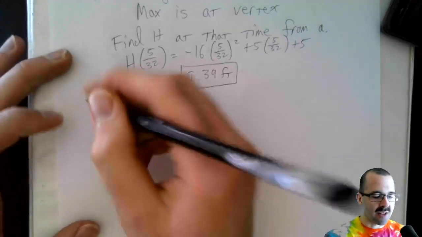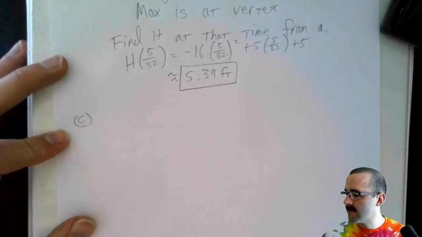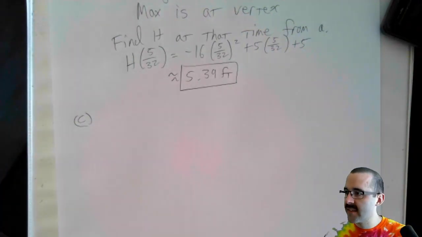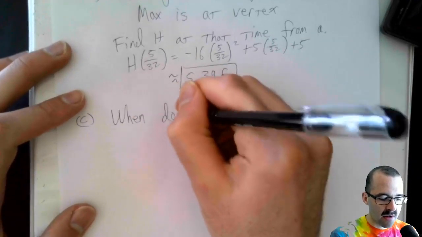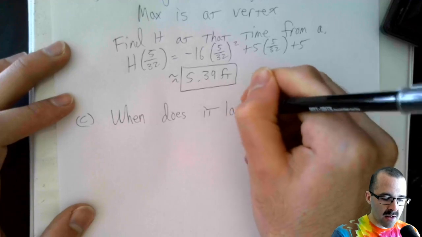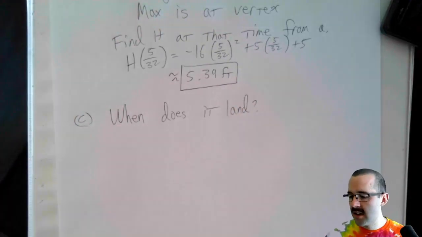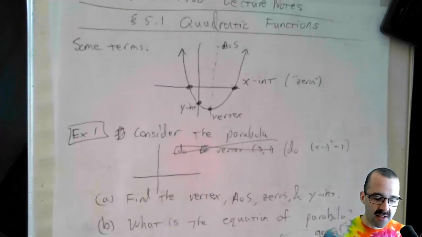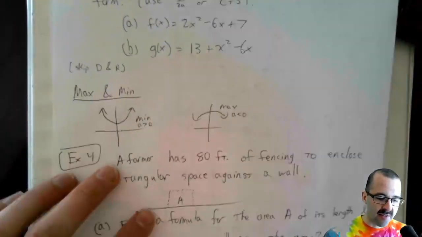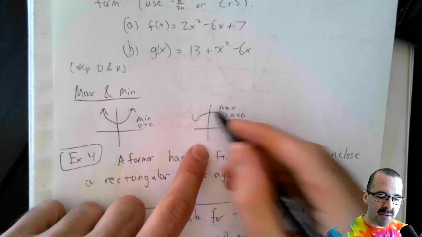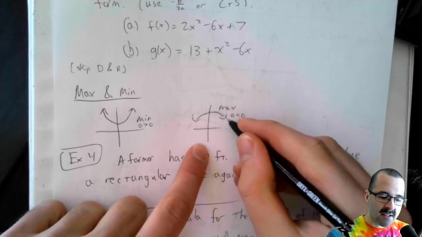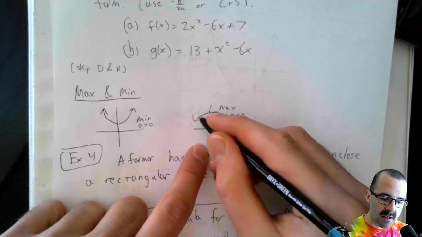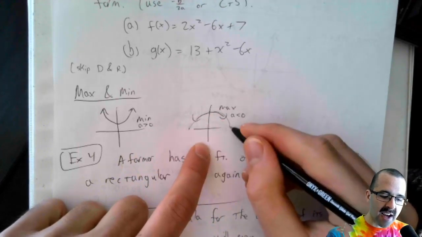Last thing we do before the quiz. Part C: when does it land? So let's go all the way back to the beginning of the section. Well, if this is the height, it lands when the height is 0.